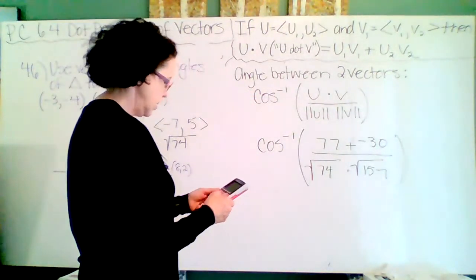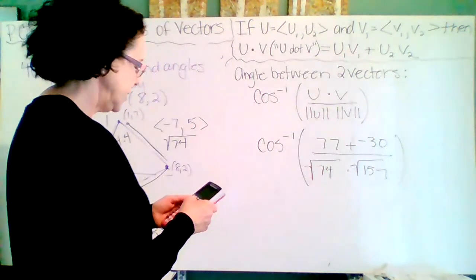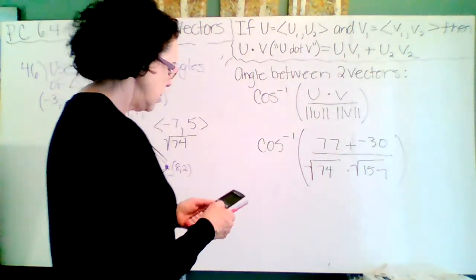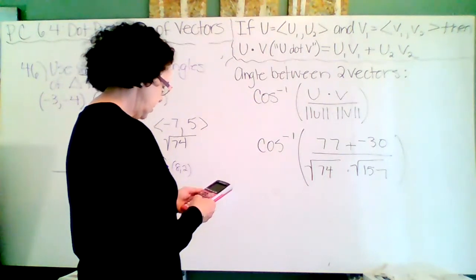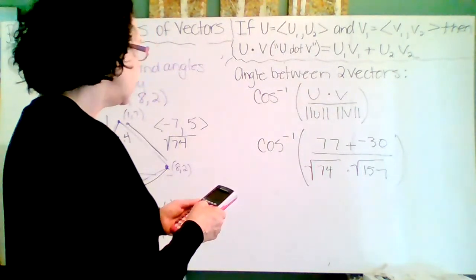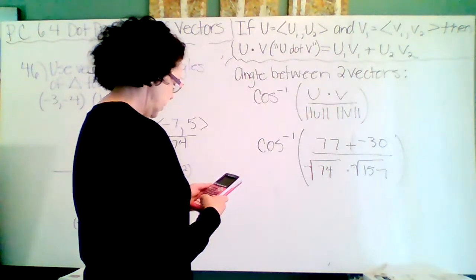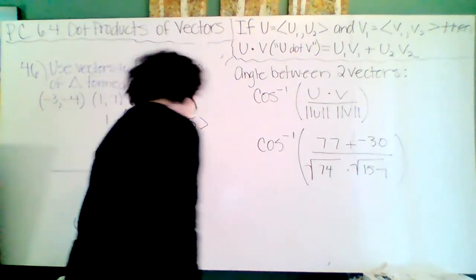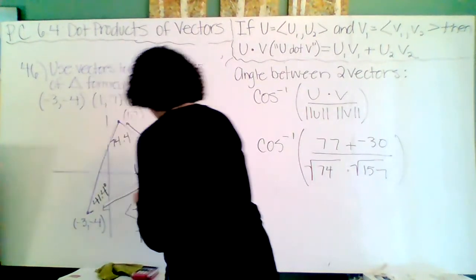Inverse cosine, I have 77 minus 30 over the square root of 74 and 157. All right, let's get that. 64.1.